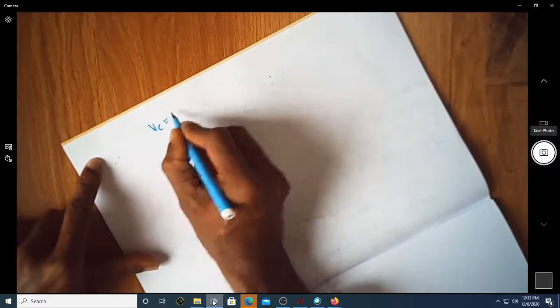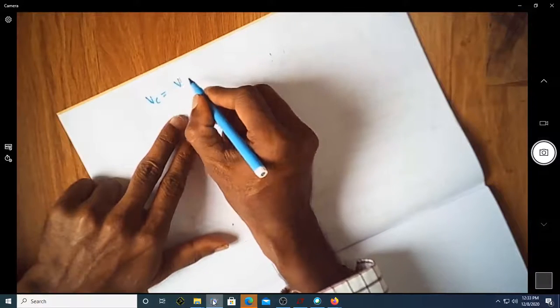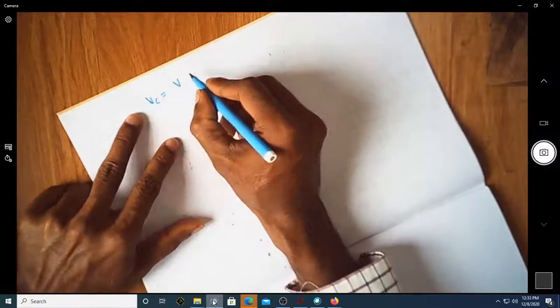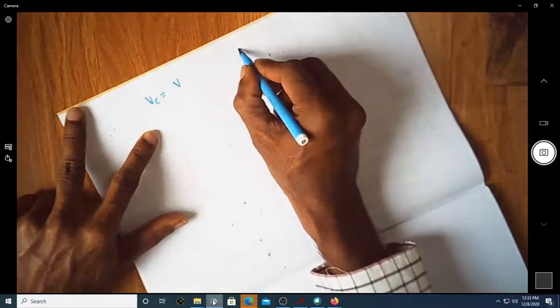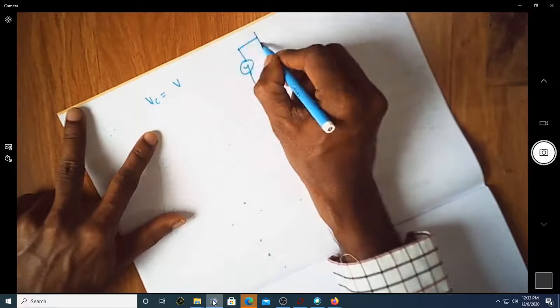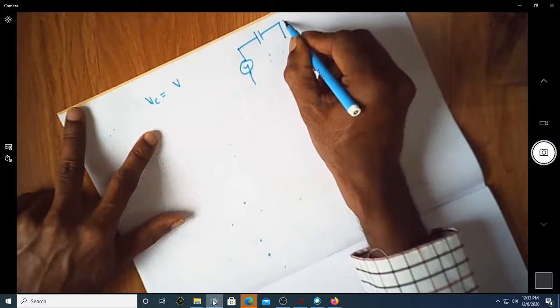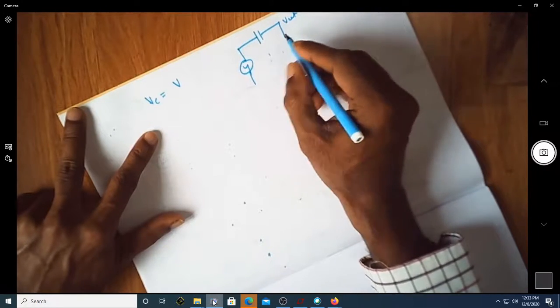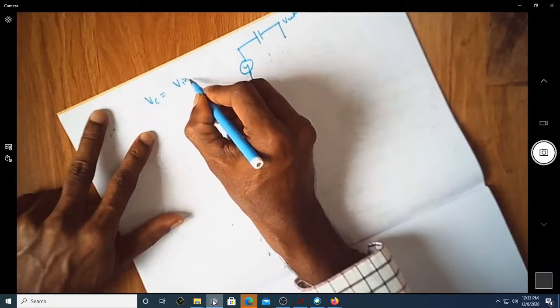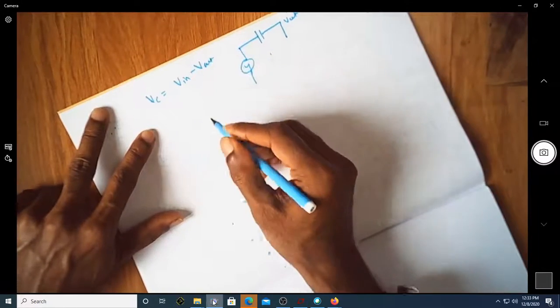If I go back to this, the capacitor voltage Vc is equal to V in minus V out.